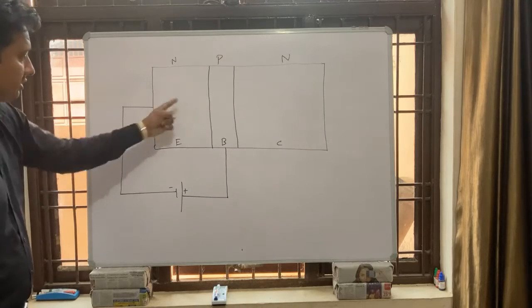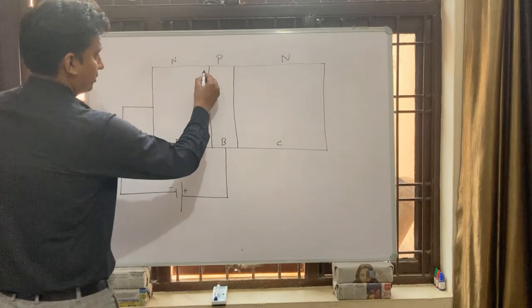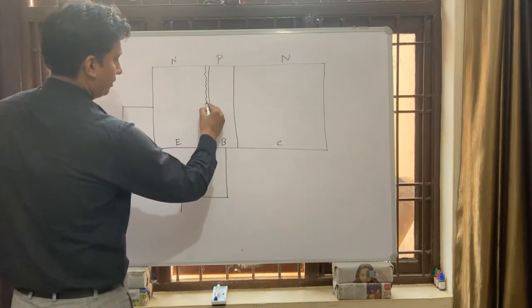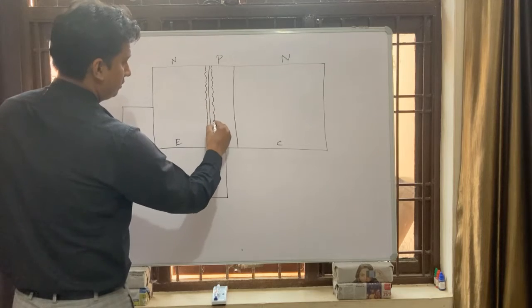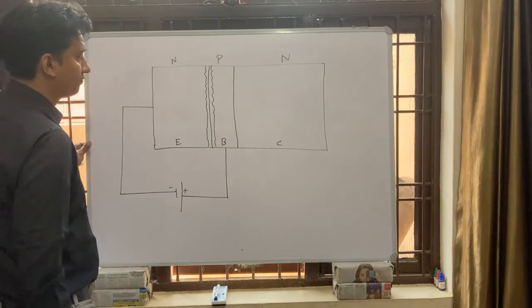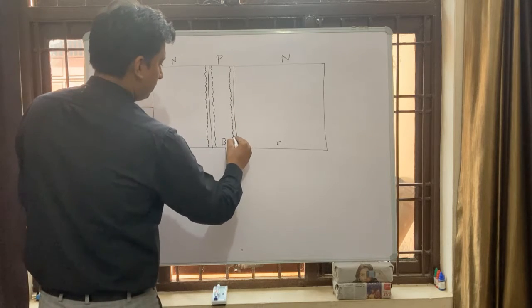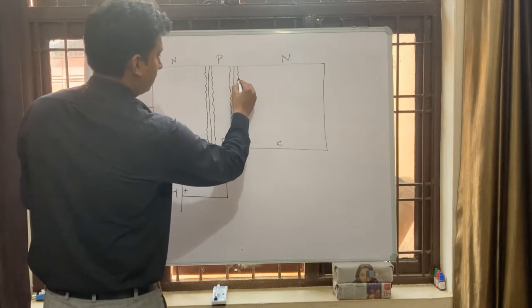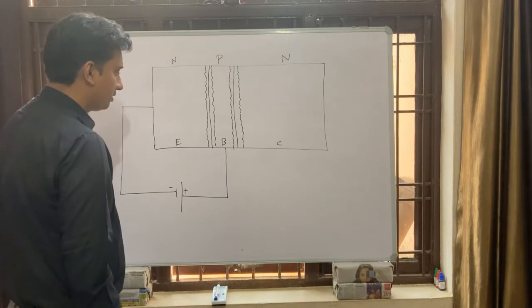This particular region is the emitter base junction and the base collector junction. The emitter base junction is forward biased, and the base collector junction, this junction between the base and the collector, is reverse biased.